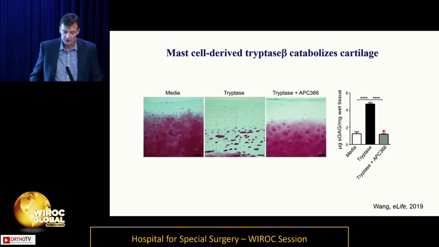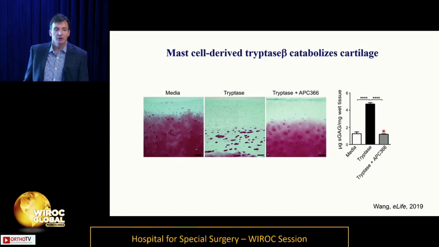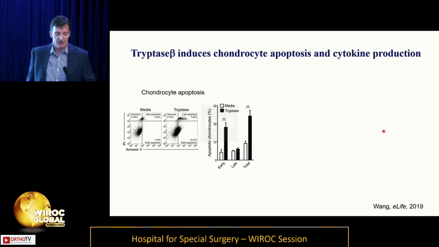We next looked at whether incubation of different cells with tryptase induced inflammatory mediator production, as well as chondrocyte apoptosis, and this is just flow cytometry looking at human OA chondrocytes cultured in vitro. And basically, if you add tryptase, as compared to media in the open bar, you see increased early as well as total apoptosis of the chondrocytes.